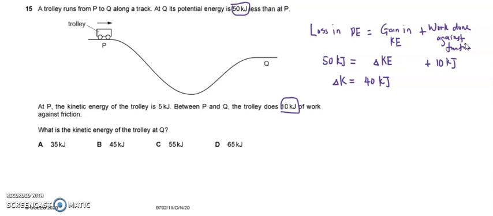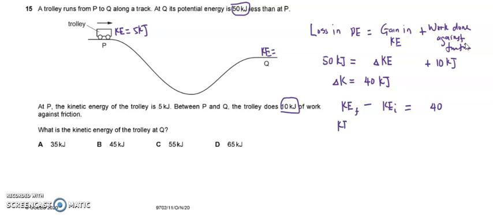So if the kinetic energy at P is 5 kilojoule, then we can calculate the kinetic energy at Q. Since the change is 40, the kinetic energy final minus kinetic energy initial must equal 40.